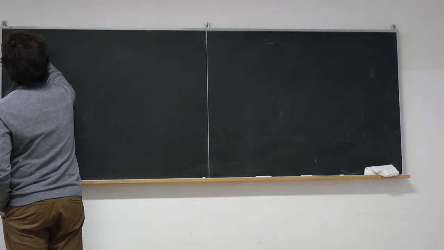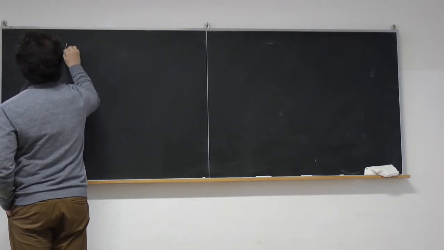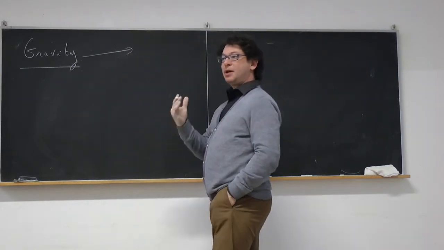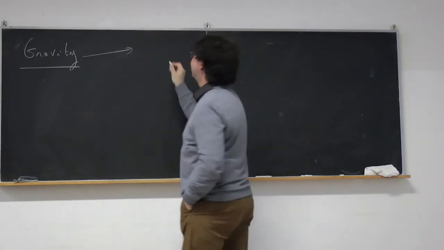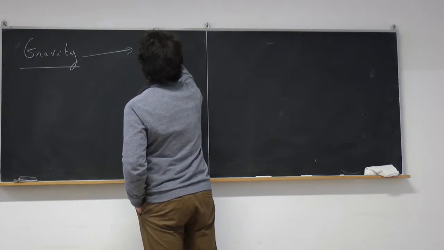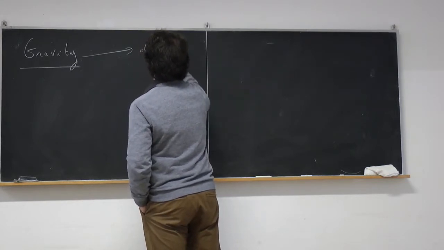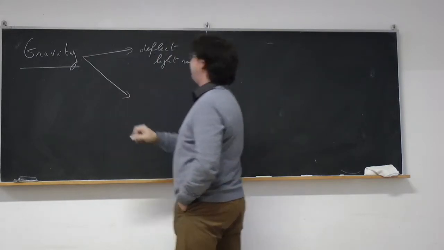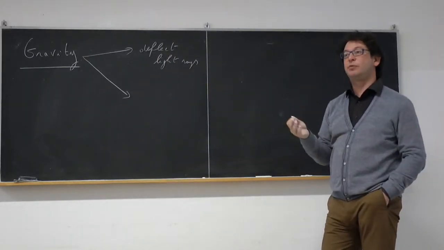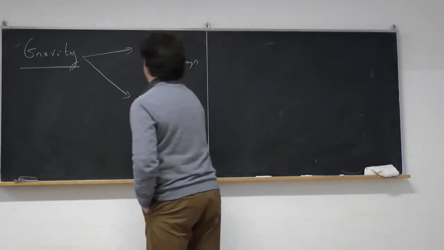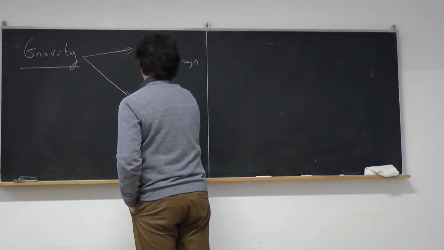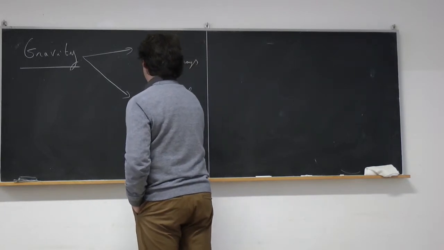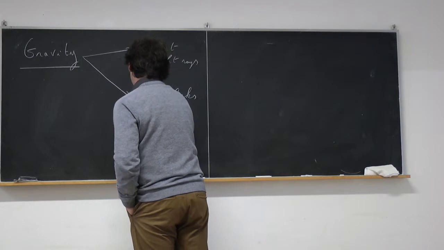First one is that gravity must deflect light rays. Gravity must produce gravitational redshift, affect clocks, and generate redshift.